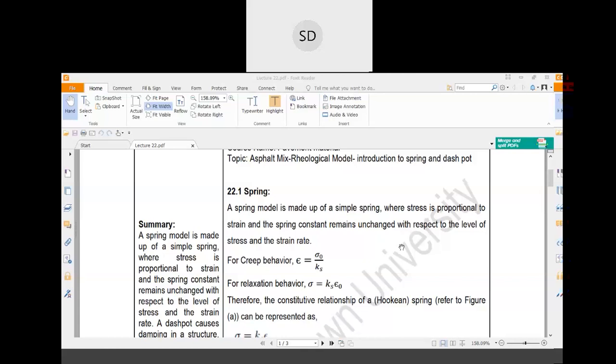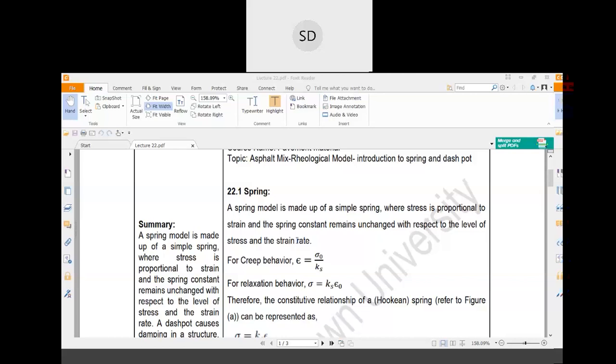The spring constant remains unchanged with respect to the level of stress and the strain rate. That is why it is called a constant, because it remains unchanged based on the stress and rate of strain.